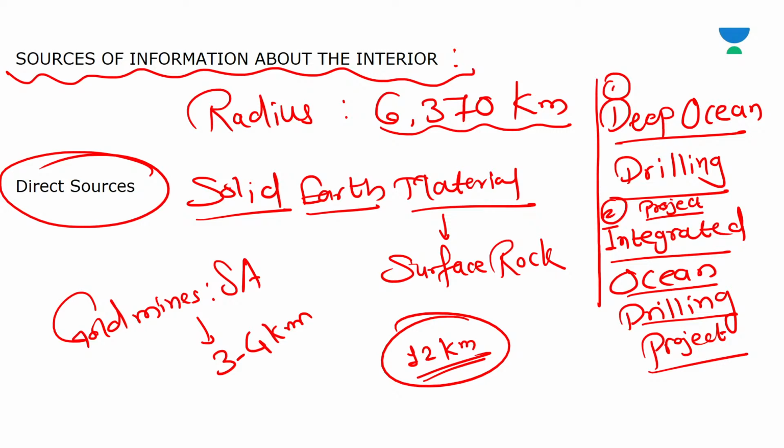Now, the direct sources. Now we will discuss indirect sources. So friends, analysis of properties of matter indirectly provides information about the interior.